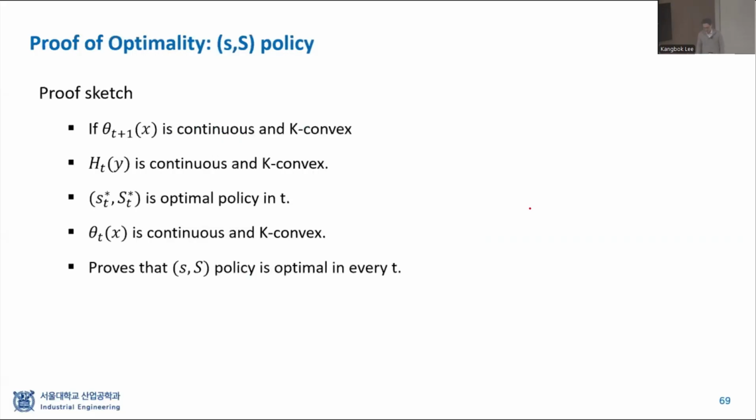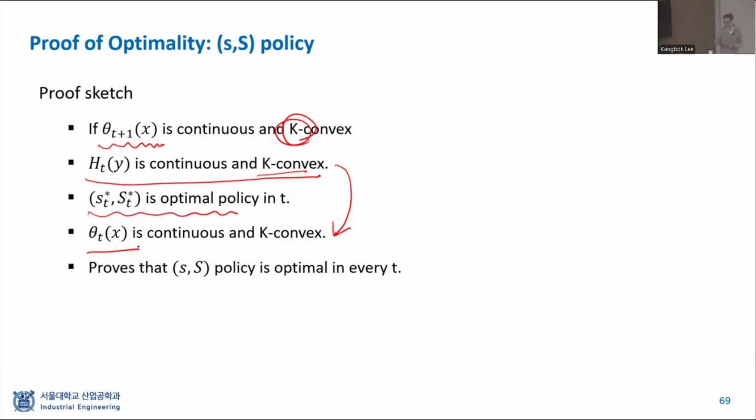And I can prove that when this theta t plus 1 is K convex, H is K convex, and then if it's K convex, the (s, S) policy is optimal.